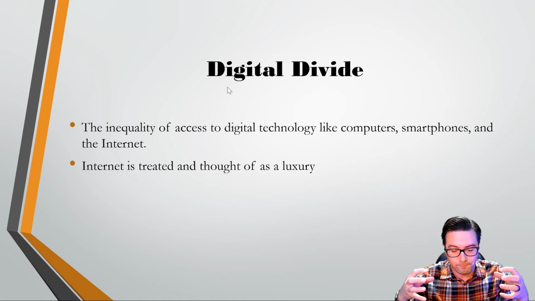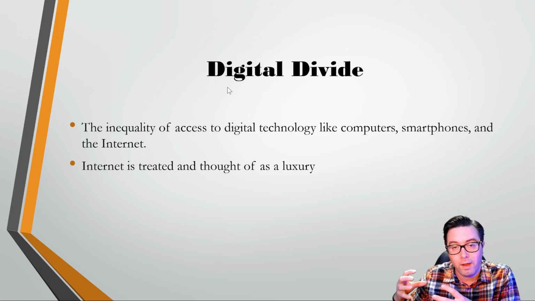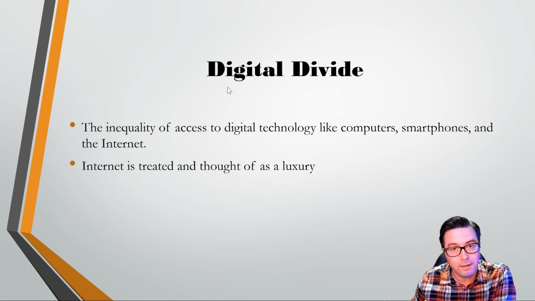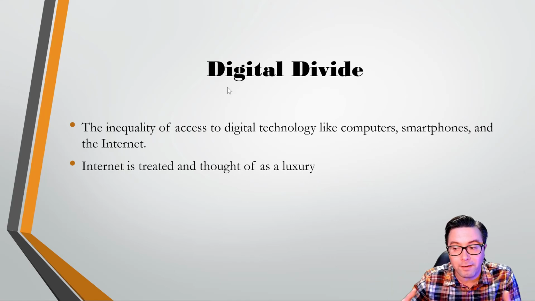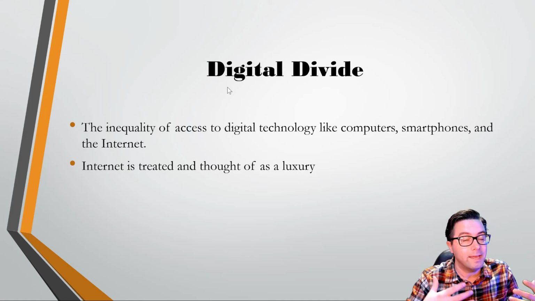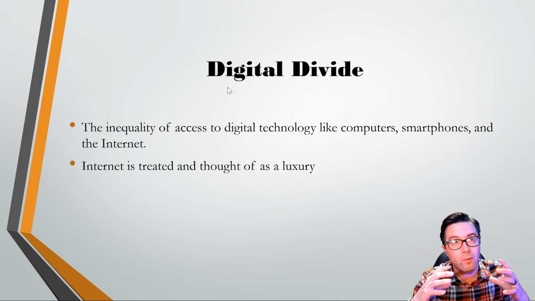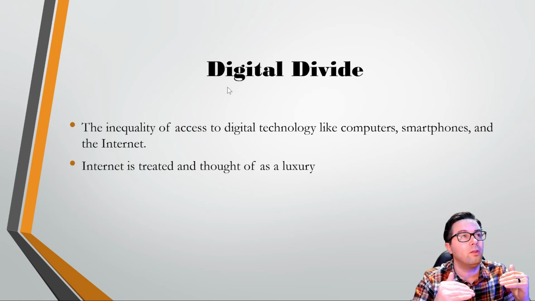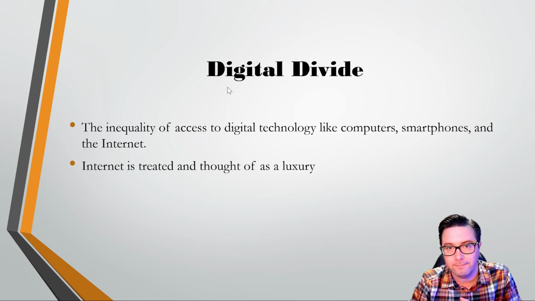From an education perspective, instead of a physical classroom, you have a Zoom classroom, a virtual classroom. You can't have that without the internet. So it goes hand in hand. If you're treating it as a luxury, then those who can't afford that luxury can't afford that education.